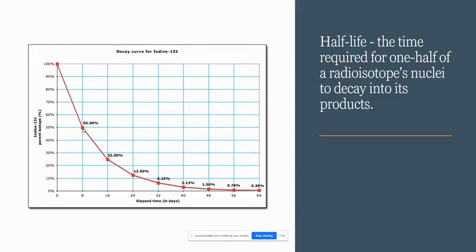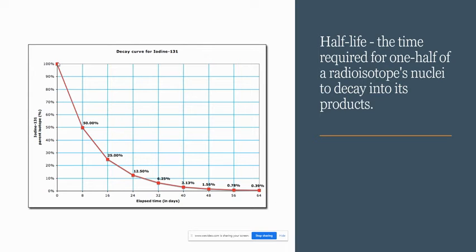We'll talk about how that happens and why that happens in the next video. But right now, you just have to take it as a given that if we started out here and went down 50%, that material isn't just lost to the universe, it is becoming something else. It's just not iodine-131 anymore.